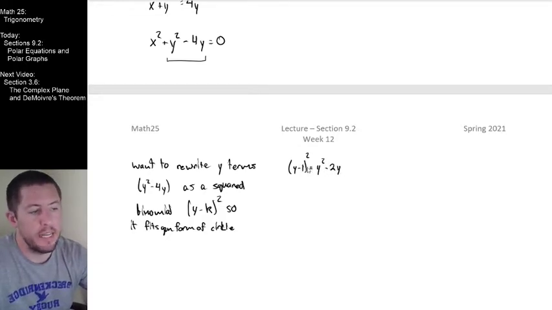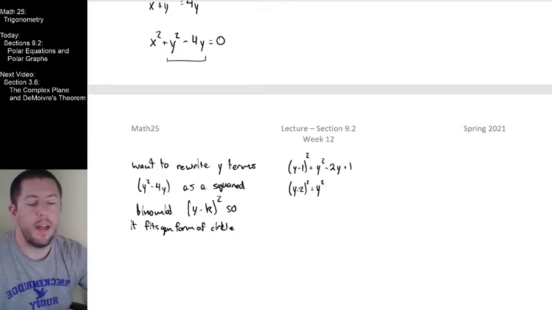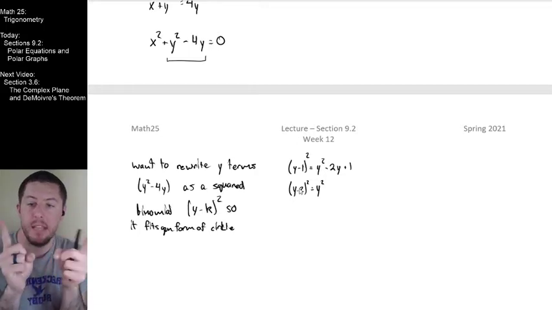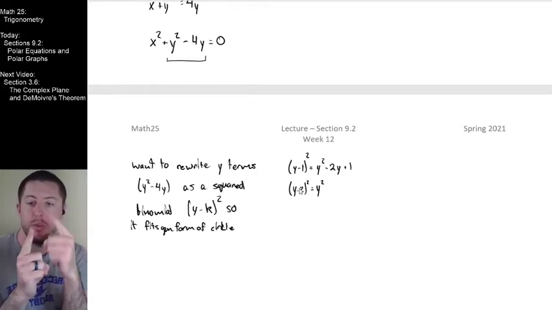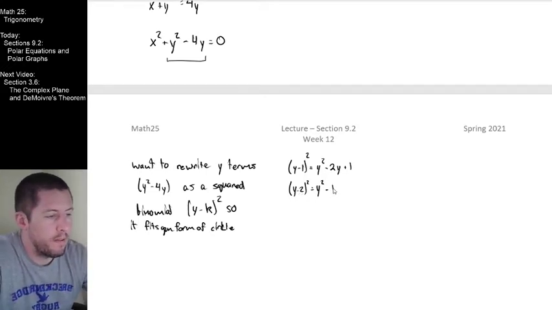And then in the end, I'm going to get negative 1 times negative 1, which is a positive 1. If I tried another one of these, y minus 2 squared, if I square the first term, y times y is y squared. When I think of this as y minus 2 times y minus 2, I'm going to get a y times negative 2 and a negative 2 times y. In total, that's going to give me negative 4y. And hey, doesn't that feel like what we have?